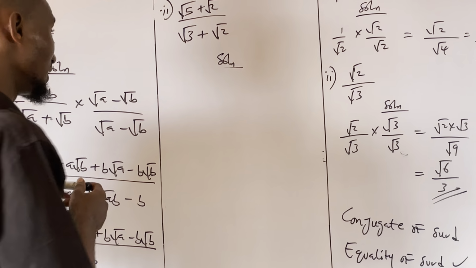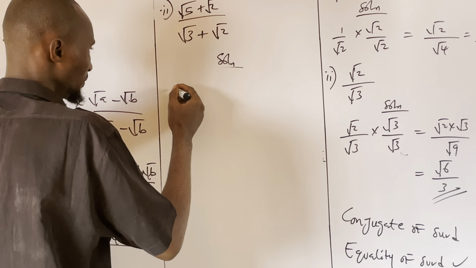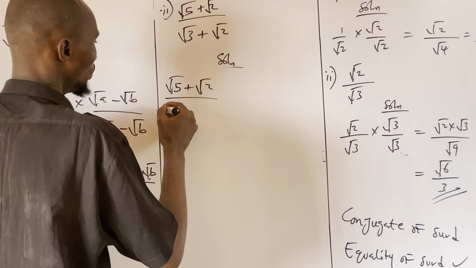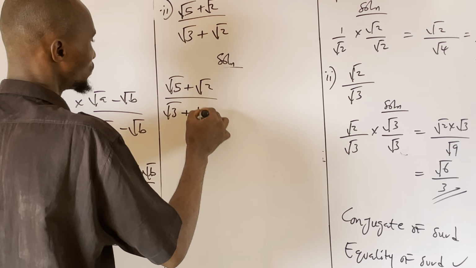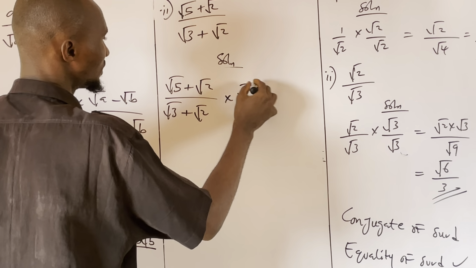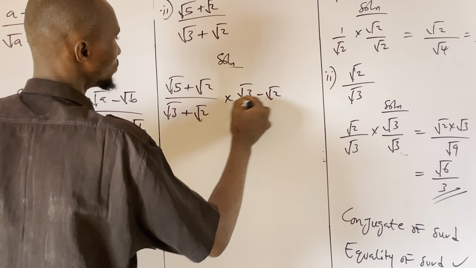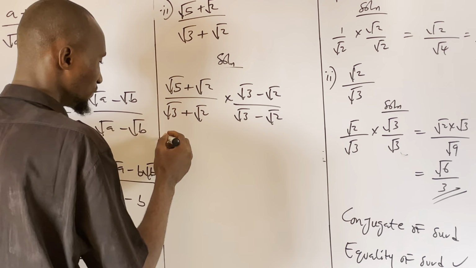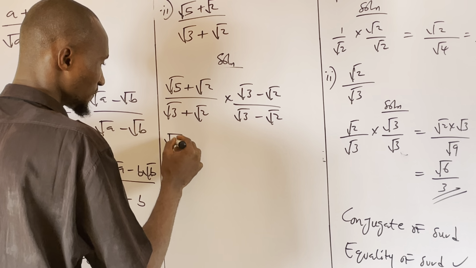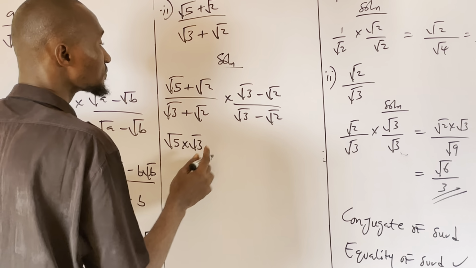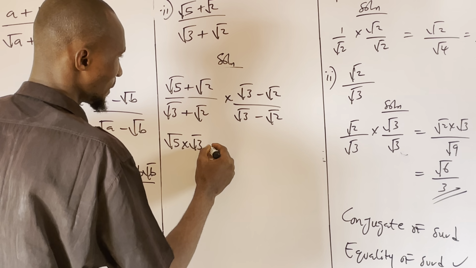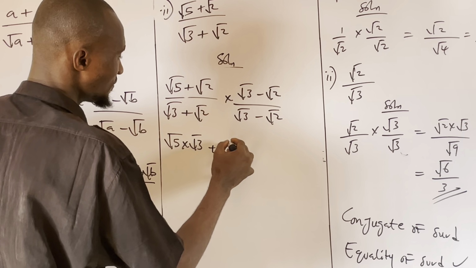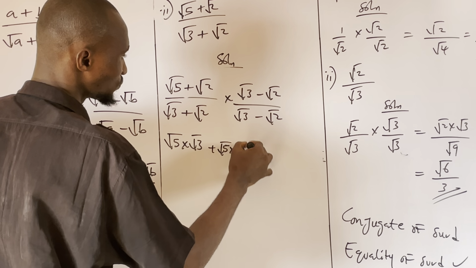This one now will make it clear. Let's come again. Root 5 plus root 2 over root 3 plus root 2, times root 3 minus root 2 over root 3 minus root 2. This time this will give us root 5 times root 3, right? That is plus root 5 times minus root 2, right?